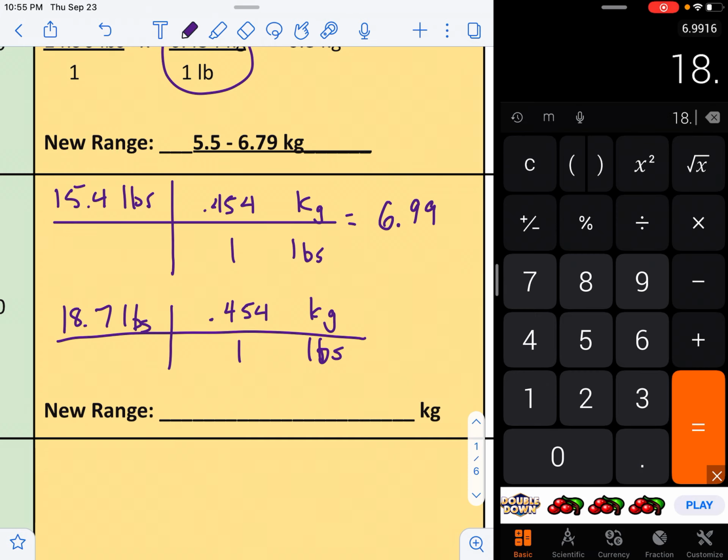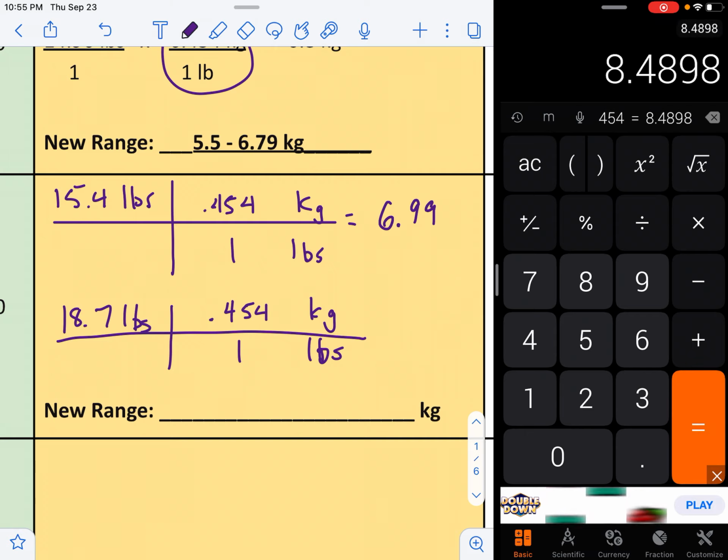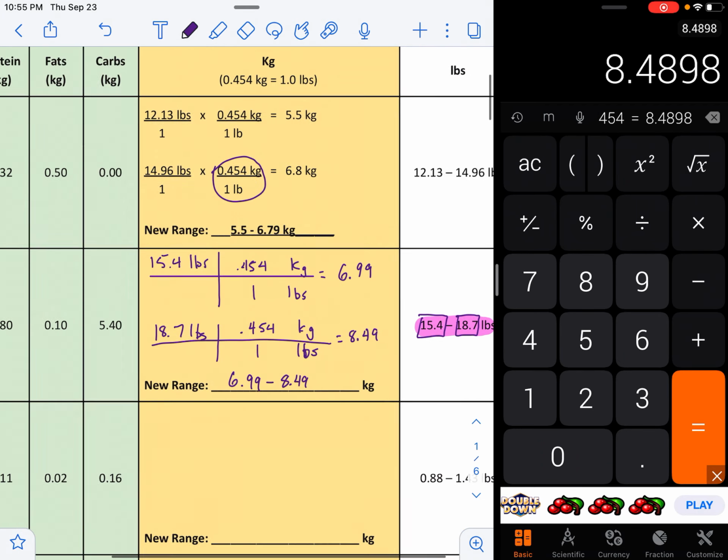And 18.7 times 0.454 equals 8.48, which we can round up to 8.49 based on the values we have there. So this is my new range. The low end is 6.99. The high end is 8.49.